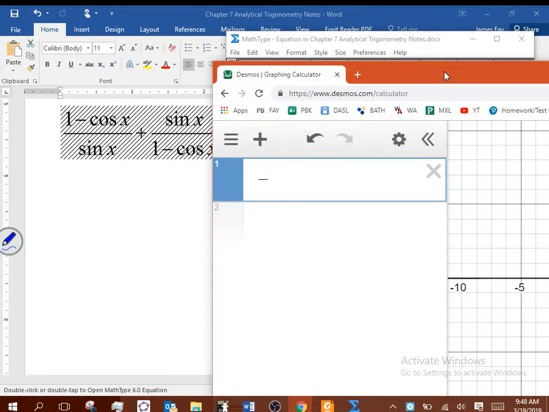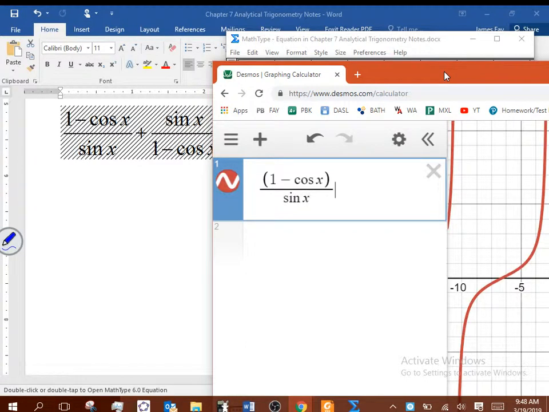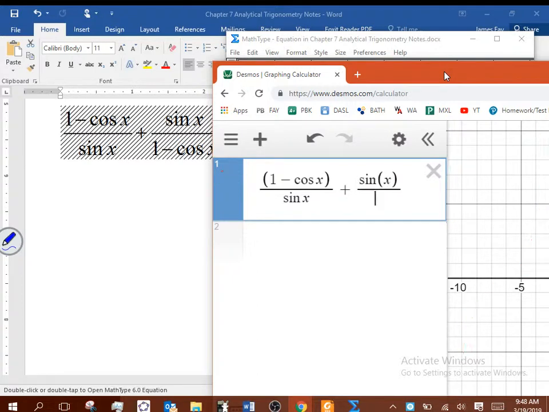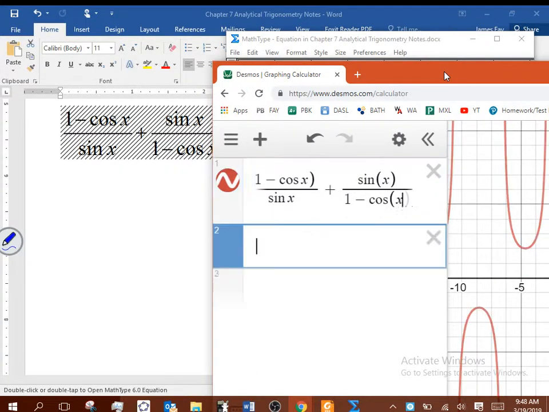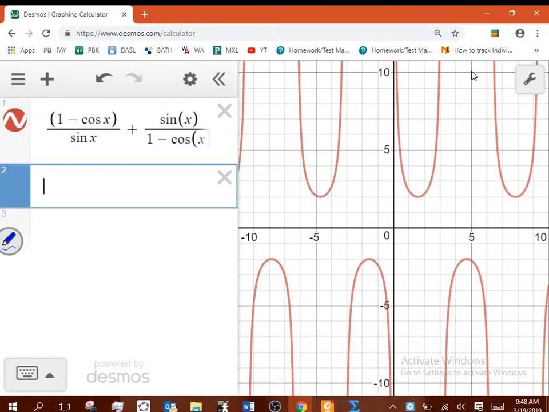So we go 1 minus cosine x divided by sine x plus sine x divided by 1 minus cosine x. Okay. What's that look like?